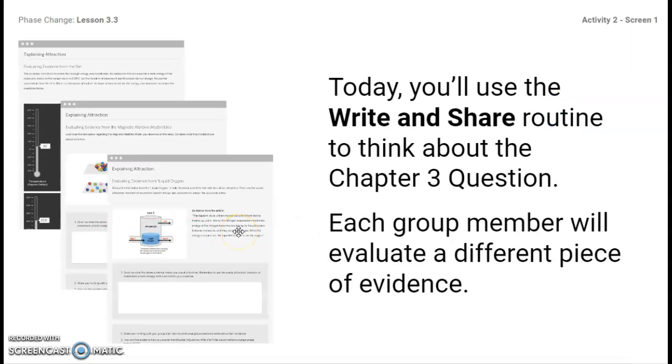So today you're going to use the write and share, and in your binder you have write and share pages, and there's one for explaining the attraction with liquid oxygen, and one for the magnetic marbles video, and one for the sim. So you need to get in a group of 3. And each member is going to evaluate a different piece of evidence.